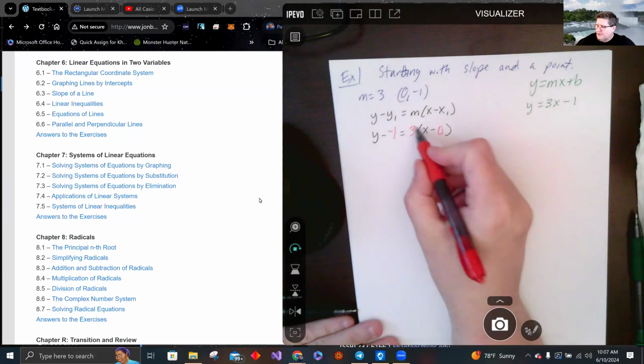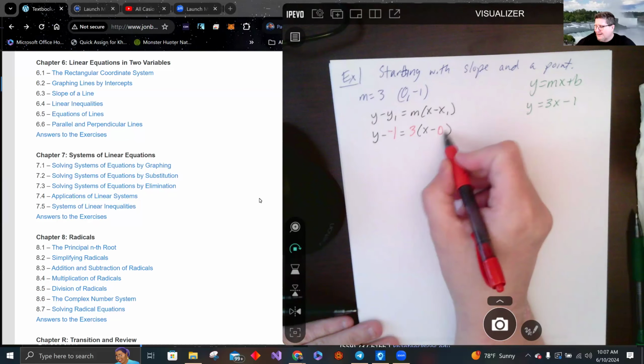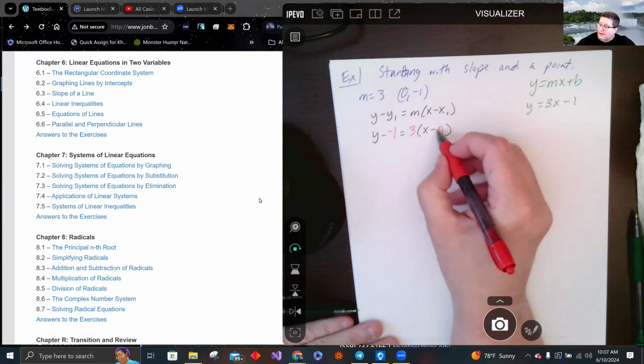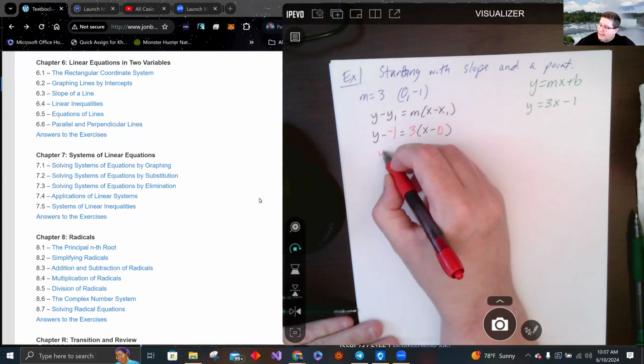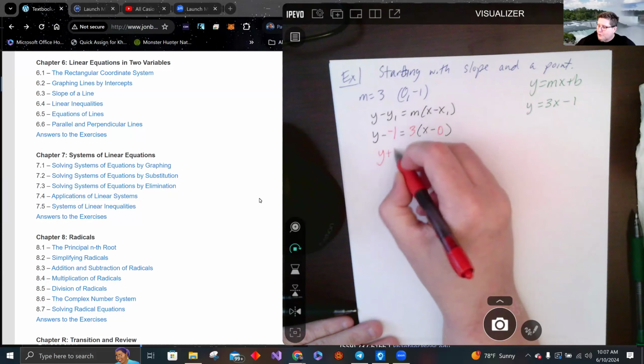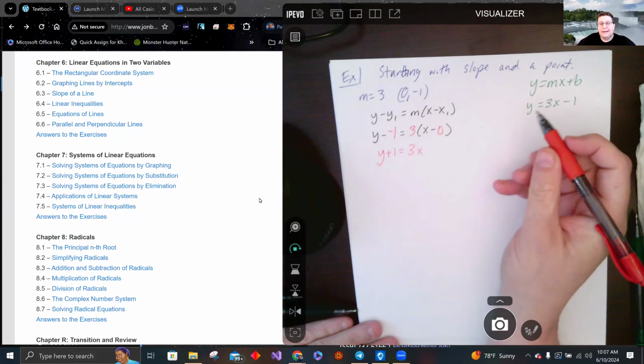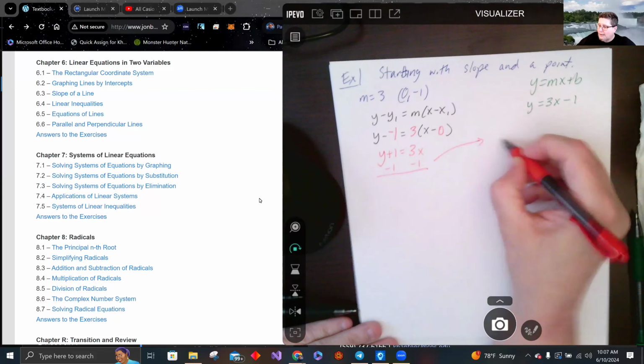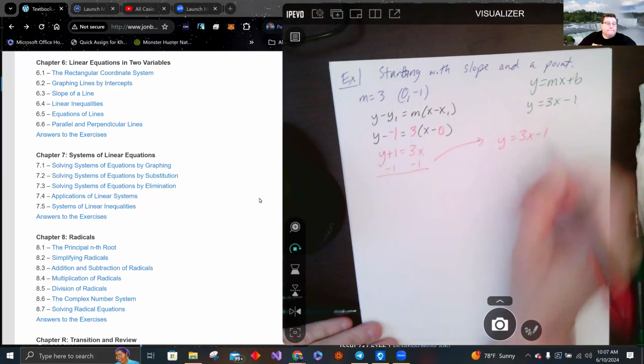So if I distribute the 3. Actually, I don't even need to distribute because x minus 0 is just x. And so we multiply by the 3. The minus and negative turns to a plus. I've got y plus 1 equals 3x. We subtract 1, and we see that we get y equals 3x minus 1.